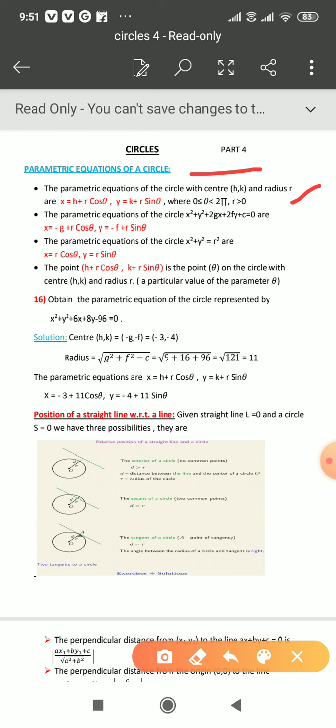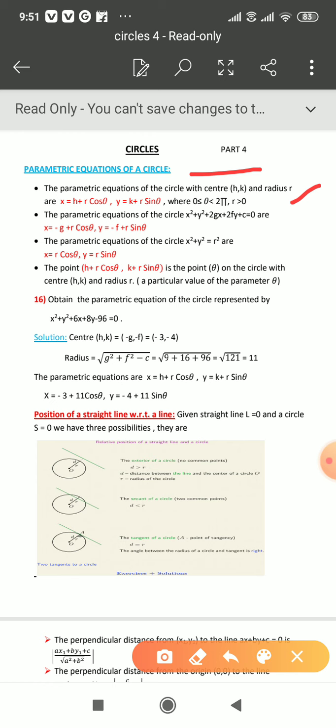This point represents many points on the circle according to theta. This point is denoted by theta, that is the parametric point. For a particular value of theta, we have a point.